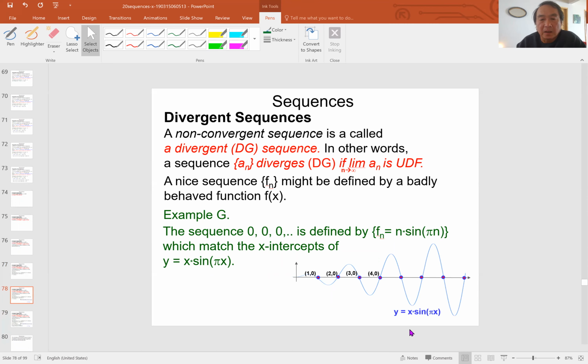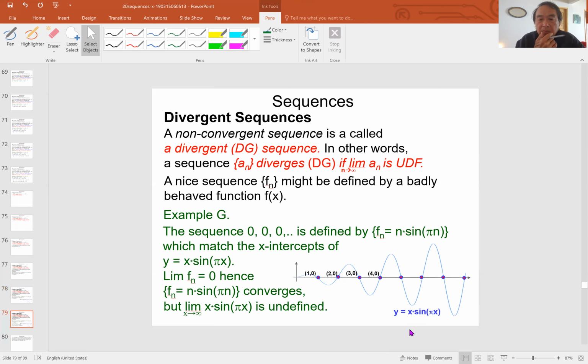Okay, and so in this case, the sequence behaves very nicely, but the functions that we're talking about do not behave very nicely.